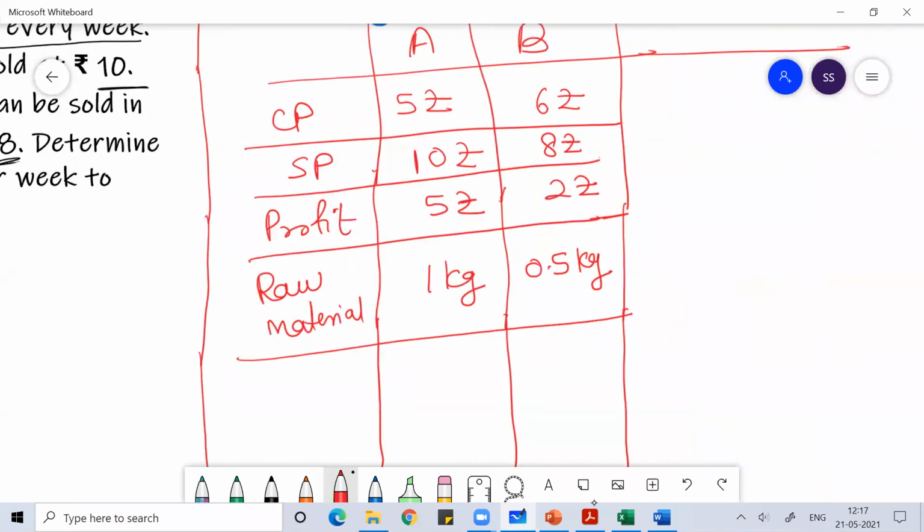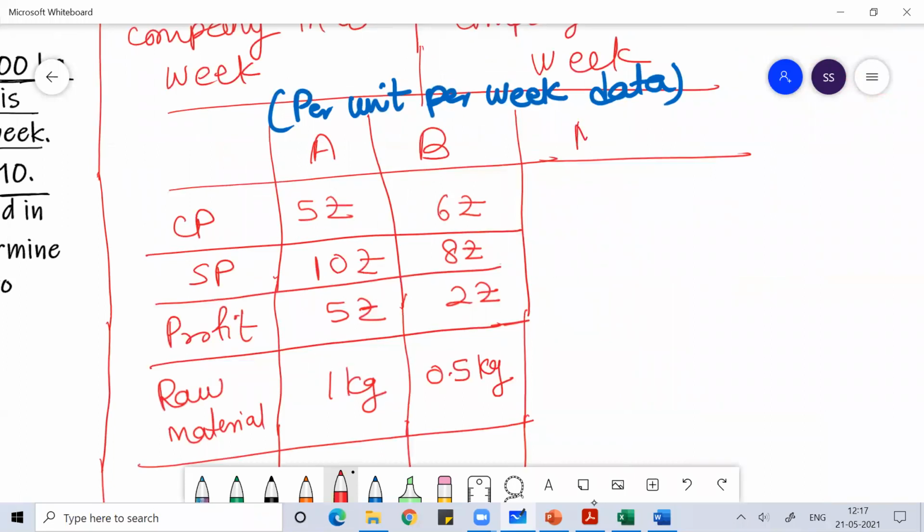You have a maximum of 600 kg. You cannot use more than 600 kg of raw material per week.